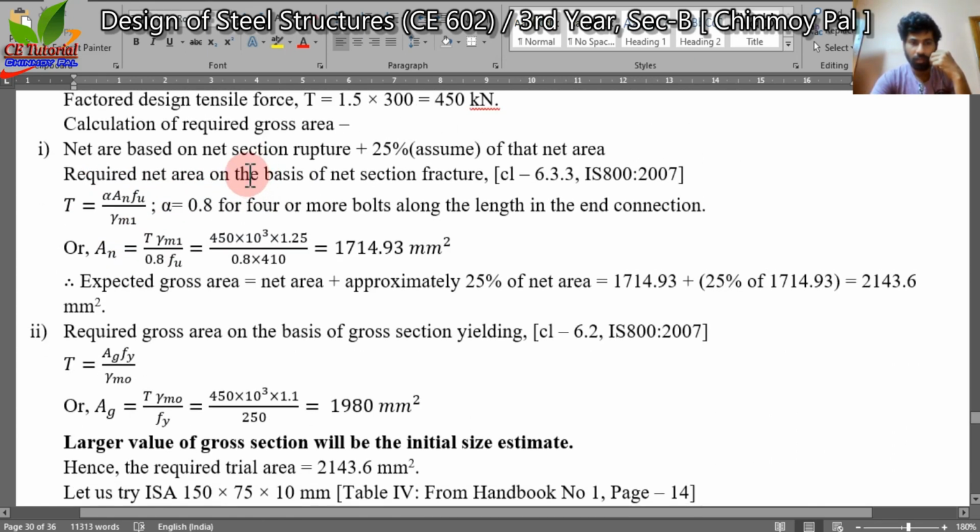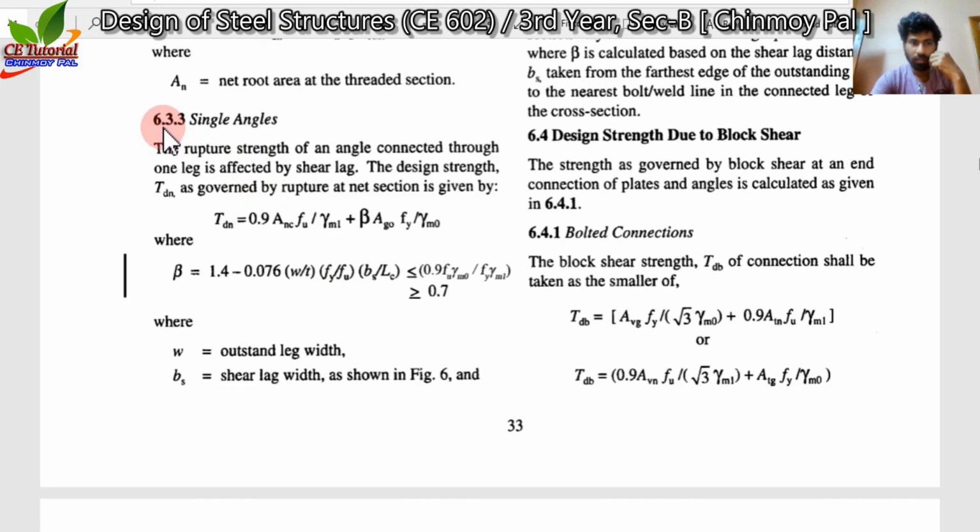To calculate the cross-sectional area, you need two governing criteria. One is net section rupture and the other is yielding of cross section. You can calculate the net effective area by this formula provided in clause number 6.3.3 IS 800. This is the 6.3.3 clause, and it provides this formula to calculate the design strength of the single angle.